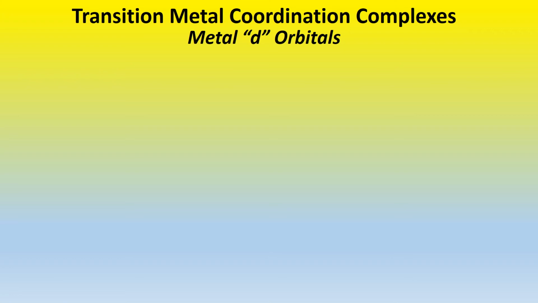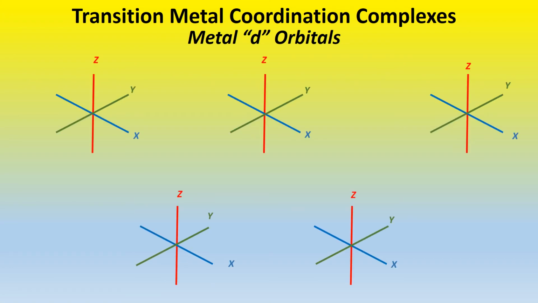In General Chem 1, you had seen the shapes of orbitals, where an s orbital was round, a p orbital was a figure 8, either facing on the x, y, or z axis. To fully understand how transition metal complexes work, one must first look at the d orbitals. So we start by looking at there's 10 electrons, therefore 5 orbitals. So we set up 5 sets of x, y, z axes.